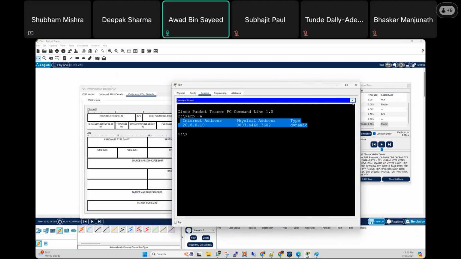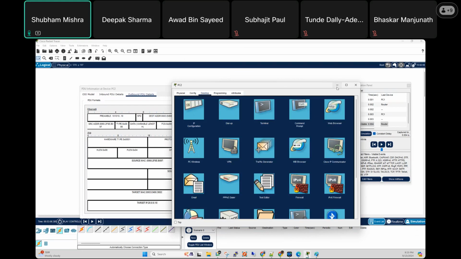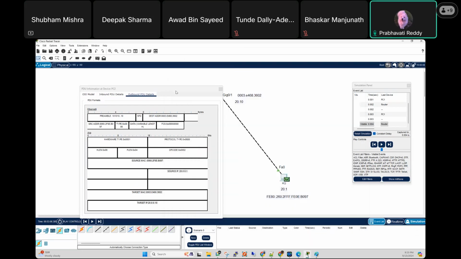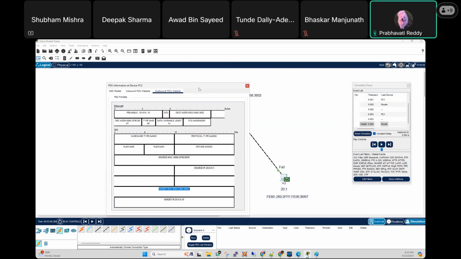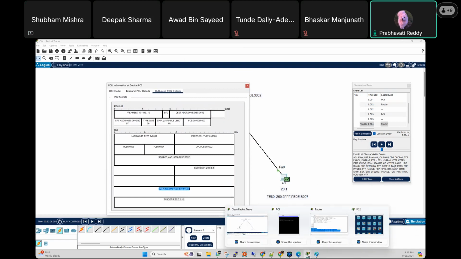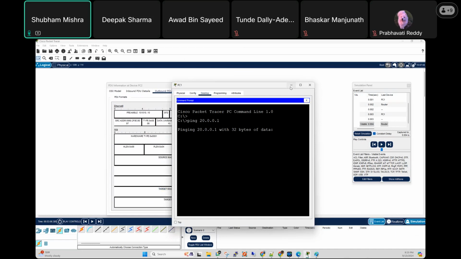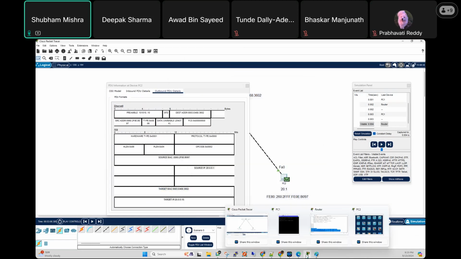Anyone who does not understand till now? Sir, why have you written -A over there? This is the command if you want to check the ARP table in the PC: arp -a.